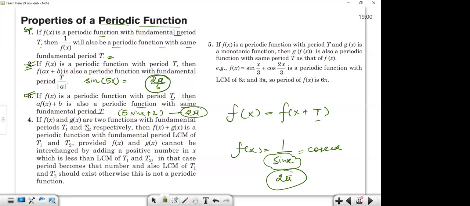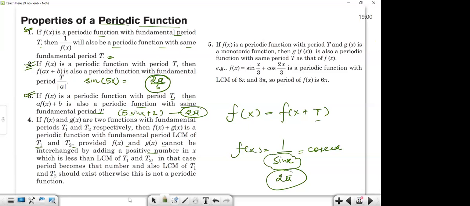If f of x and g of x are two functions with fundamental periods T1 and T2 respectively, then the sum of the two functions is a periodic function with fundamental period the LCM of these two fundamental periods, provided they cannot be interchanged by adding a positive number just like that.